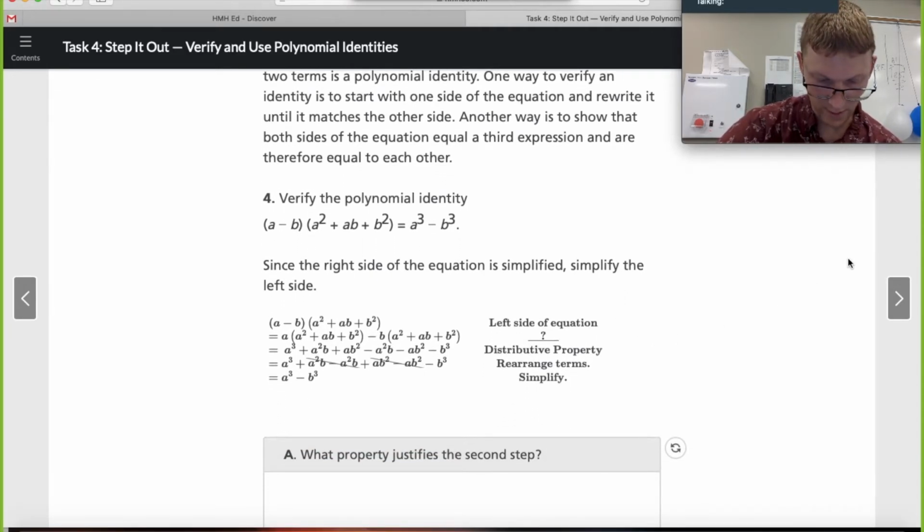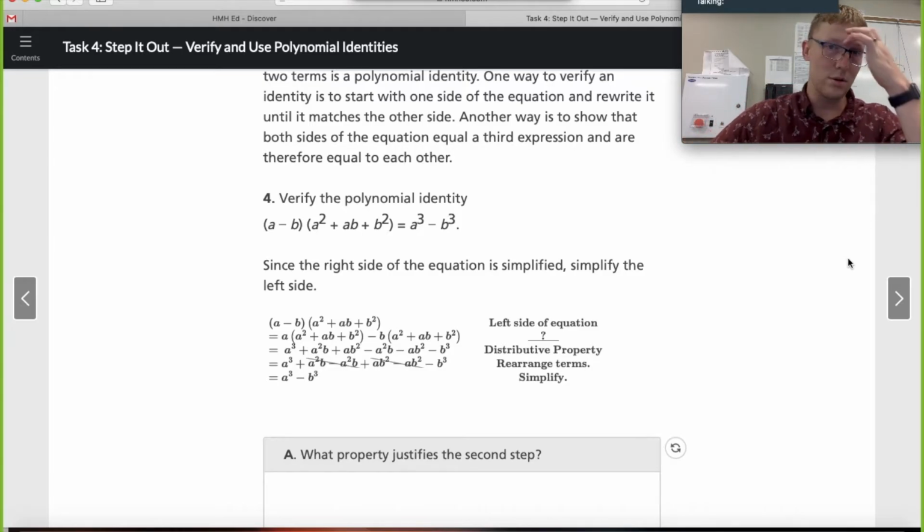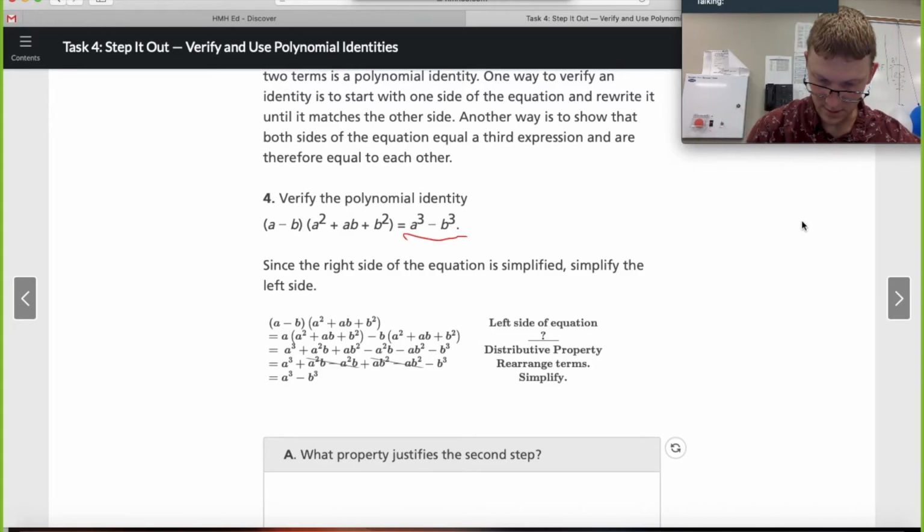It says verify the polynomial identity a minus b times a squared plus ab plus b squared equals a cubed minus b cubed. So this side is already simplified. So I bet if we just simplify this side, we'll be in good shape.